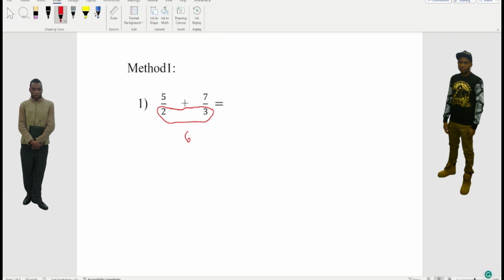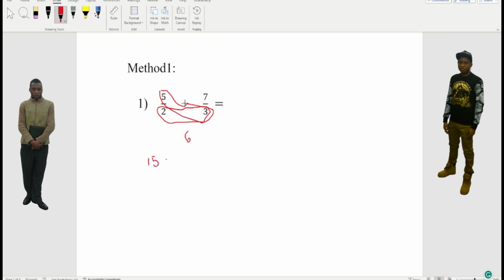Now they're not done yet. So what they do after that, they're gonna multiply this. They're gonna multiply 5, this one, and this, like this, and it's gonna give them 10.